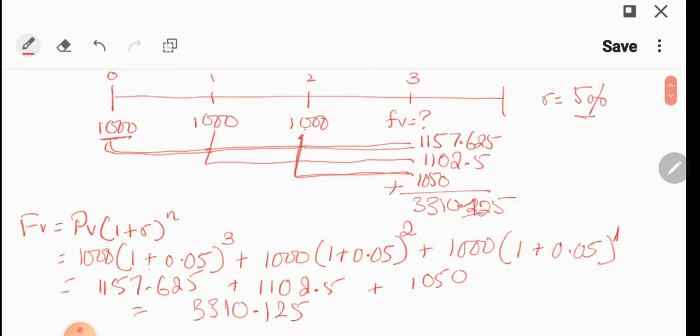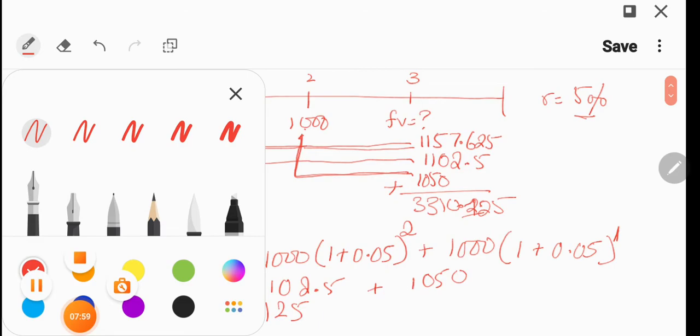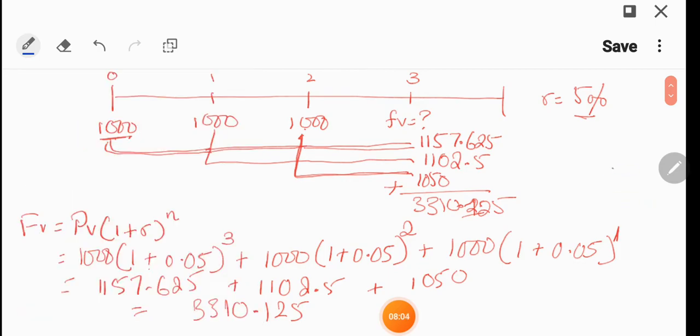The ordinary annuity and the annuity due formulas are actually very similar. If you notice over here, the difference between ordinary annuity and annuity due while doing your calculations was only in N. The PMTs are the same, the interest rate is the same, the difference is only in the N. For ordinary annuity, you had 2 over here, 1 over here, and 0 over here.